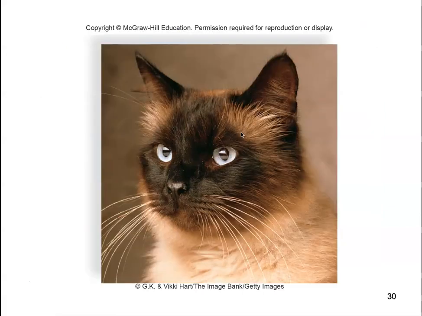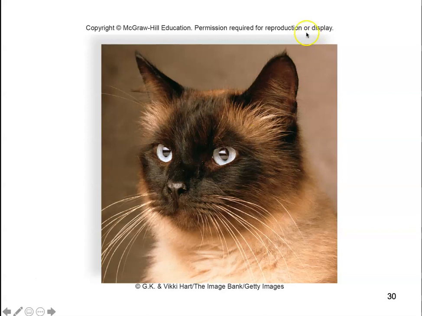This is an example here of this cat. The color change has to do with the effect of temperature on certain enzymes. These are Siamese cats, and they have an inherited mutation that causes an enzyme to only be active at cooler body temperatures, so only certain regions of the body are dark in color.